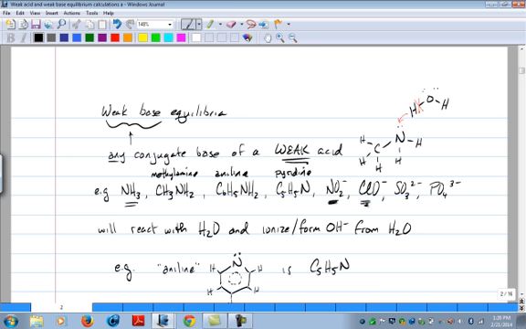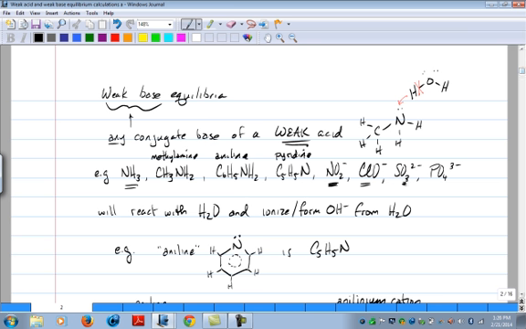Hypochlorous acid has a conjugate base hypochlorite. As you can see, these are pretty much all anions. Hydrogen sulfite has a conjugate base of sulfite, and hydrogen phosphate anion has a conjugate base of phosphate.